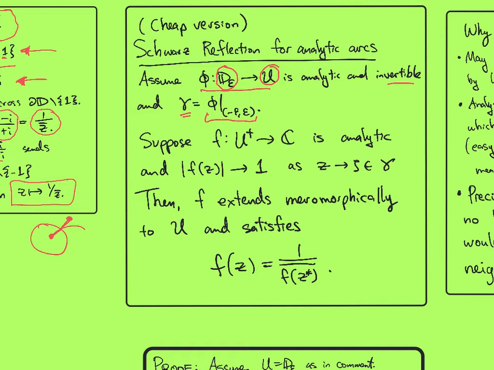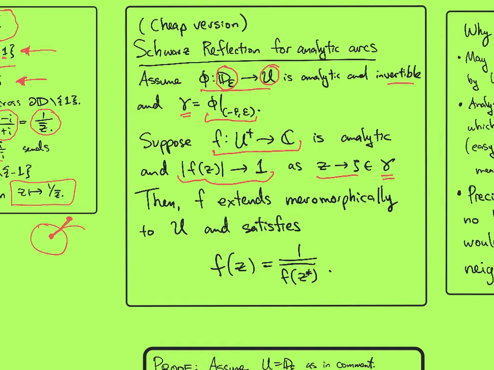Now, if I have an analytic function on U plus, so that's just one side of the analytic arc, and generally you could formulate a reflection principle where F tends to another analytic arc as you tend to an analytic arc in the domain. I'm going to keep it simple and have F tend to the unit circle as Z tends to a point on this analytic arc gamma.